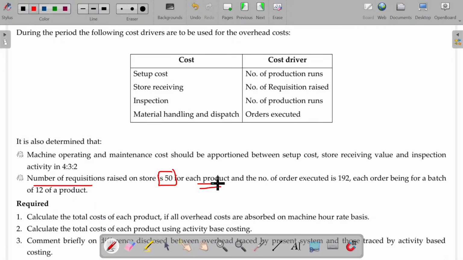So we have raised around 50 requisitions each, but the number of orders executed is 192. How many products are there? 4 products. 50 into 4, 200 raised. That will be equal. Anyhow, the number actually executed is 192, each order being for a batch size of 12 of the product. Batch of 12 of your product.